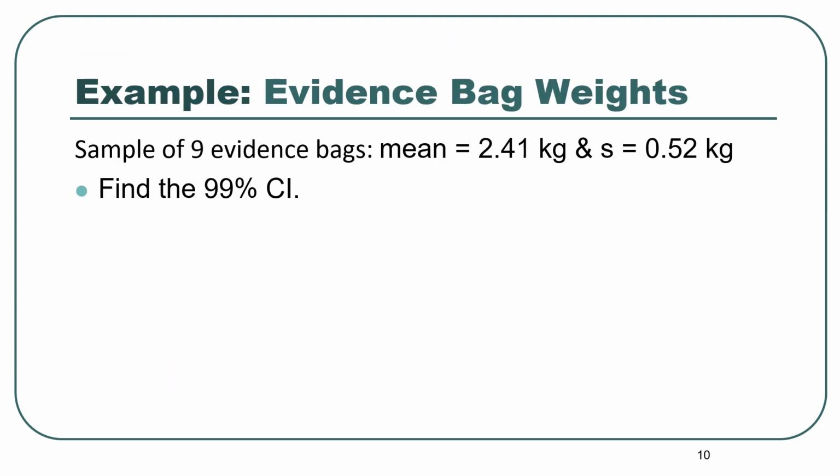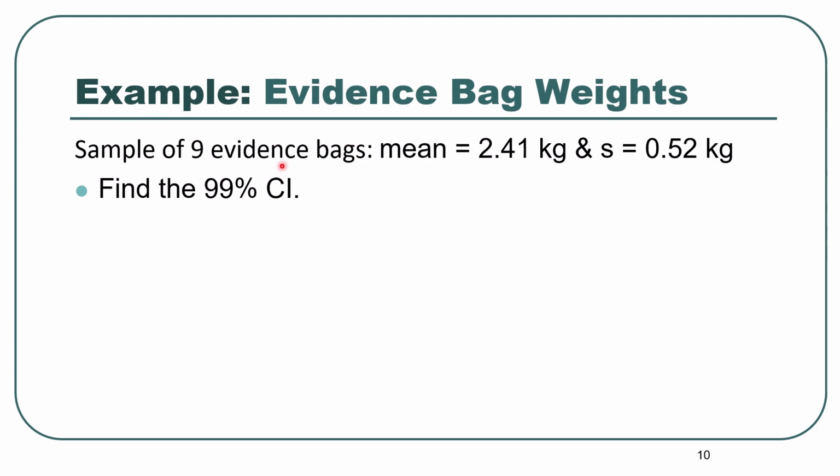Another small sample scenario where sigma is unknown, and I need to assume again normality since my n is less than 30. I have 9 evidence bags with an X bar equal to 2.41 kilograms, and the standard deviation of those 9 bags is equal to 0.52 kilograms, and we want to find the 99% confidence interval.